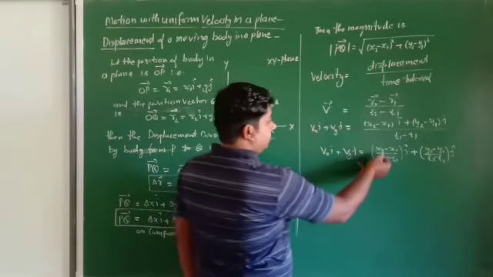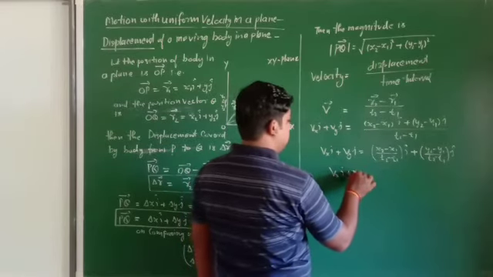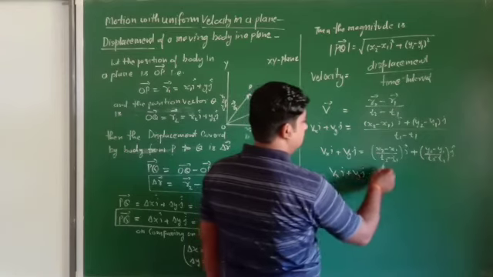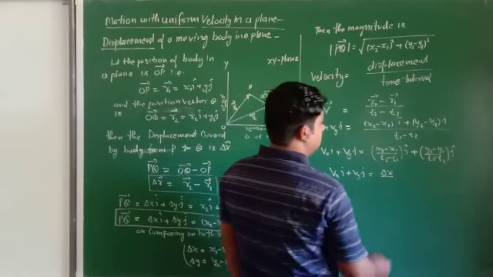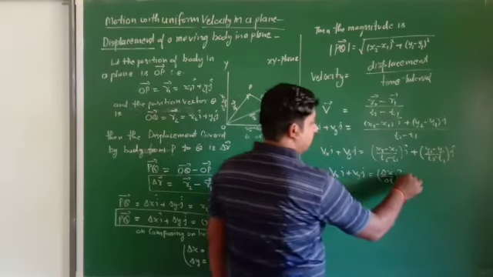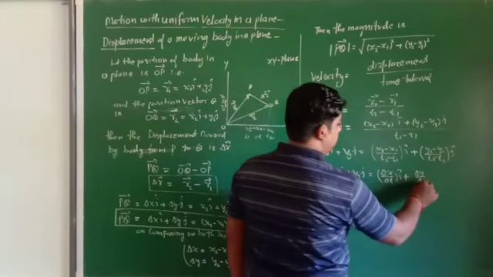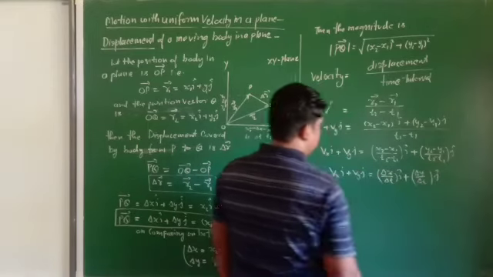We can write here vx i plus vy j is equal to delta x upon delta t with unit vector i plus delta y upon delta t with unit vector j.